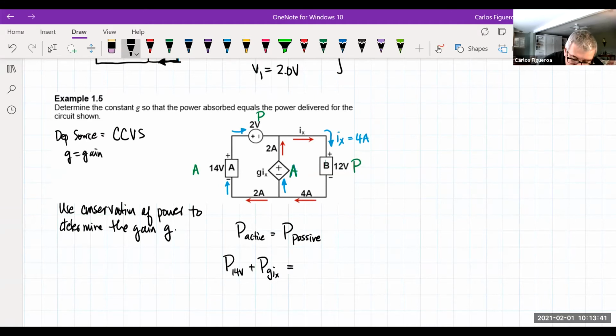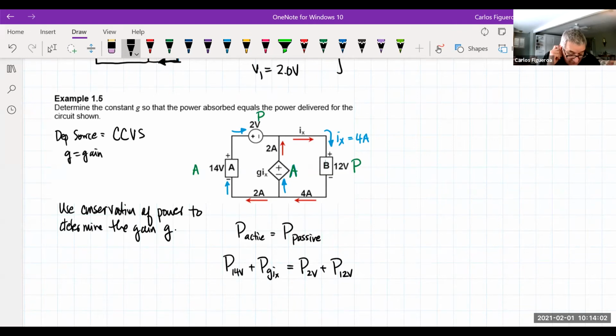For the passive elements, we have the power of the 2 volt plus the power of B. Maybe I should have been calling them A and B. I have a tendency to do that. I probably should have said A and B to make them easier.